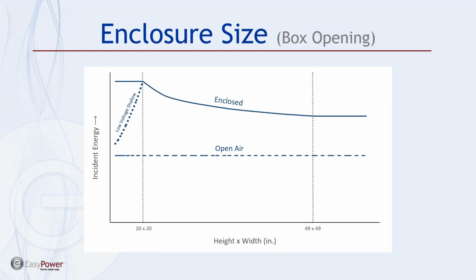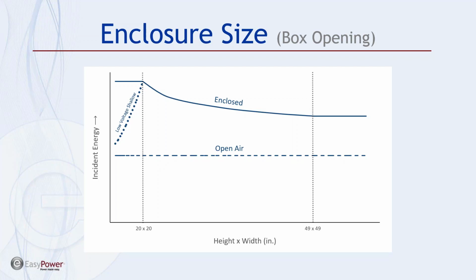Okay, based upon the tests conducted, if we compare the incident energy radiated over the height by the width of the opening, we see that compared to open air, the enclosed radiation is higher, especially up to 20 by 20. In fact, 20 by 20 is the highest multiplication or amplification factor, and once we get beyond 49 by 49 as far as dimensions, the difference flattens out.